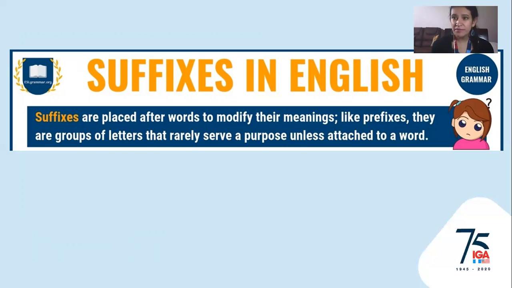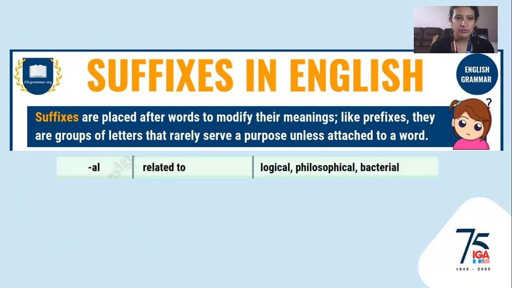So suffixes are basically something we add to another word, and this changes the meaning a little bit, right? Specifically in this class, we're going to be talking about three.